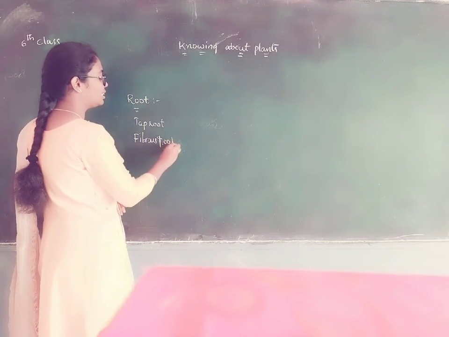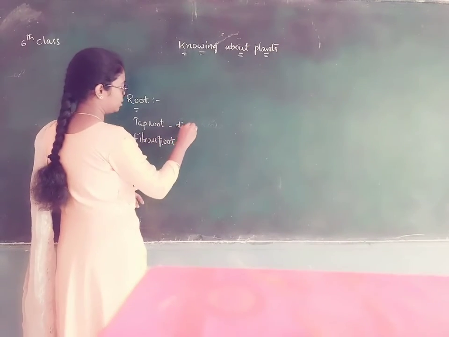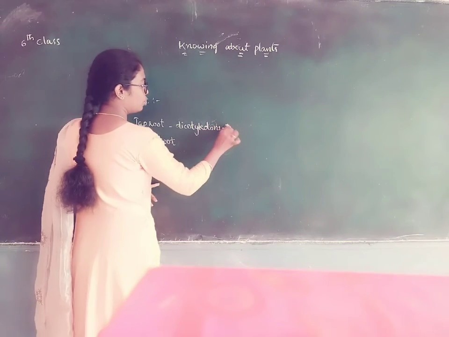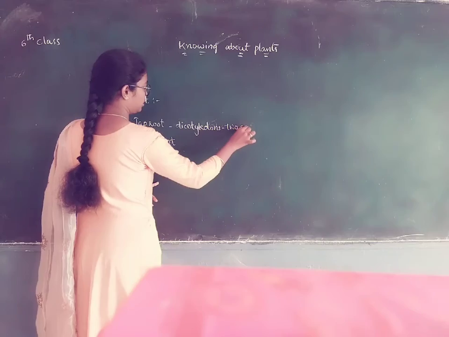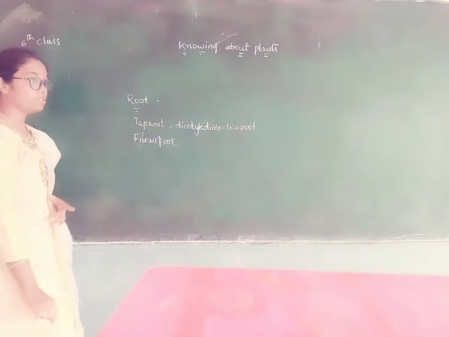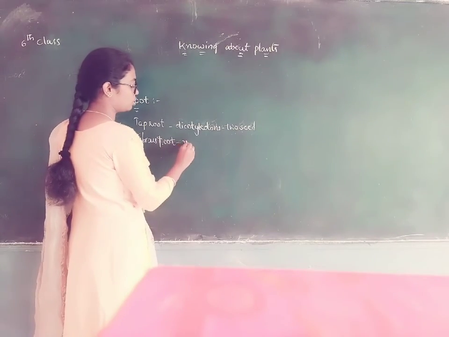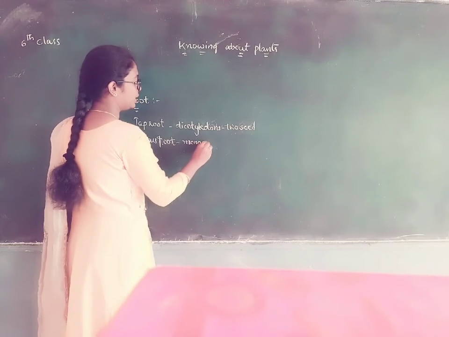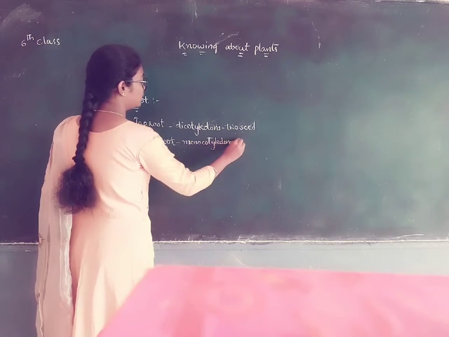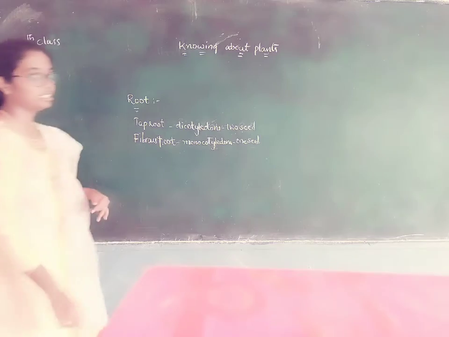As we learned, the taproot system is mainly seen in dicotyledons, that is, plants whose seeds contain two cotyledons. Fibrous root is commonly seen in monocotyledons. Monocotyledons means these plants contain single-seeded plants.